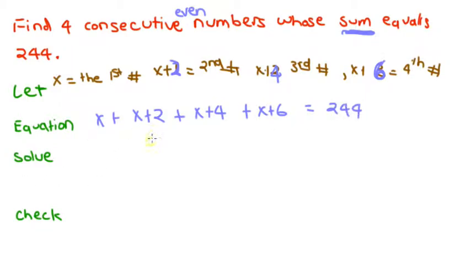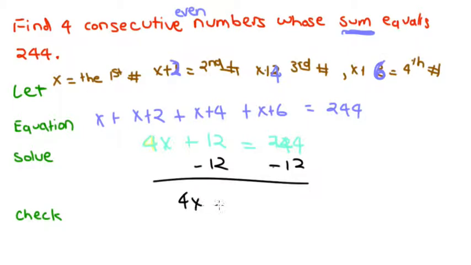So you get 4x plus 6 plus 4 is 10 plus 2 is 12 is equal to 244. We subtract 12 from 244 and we get 4x is equal to 232.